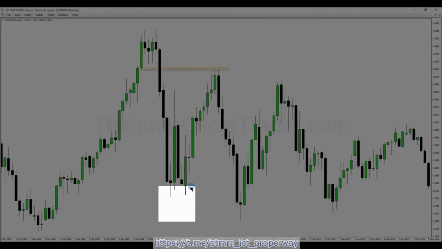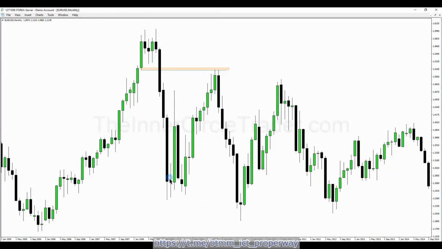What I want you to focus on is how the bodies of the candles basically merge at that same general area. I want you to ignore the wicks. By having that in mind, below these lows in here, there's going to be a large pocket of liquidity in the form of sell stops.